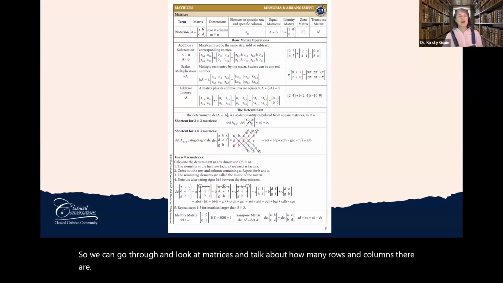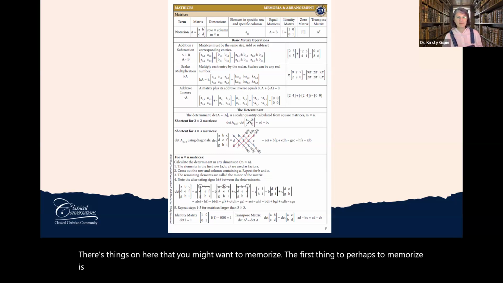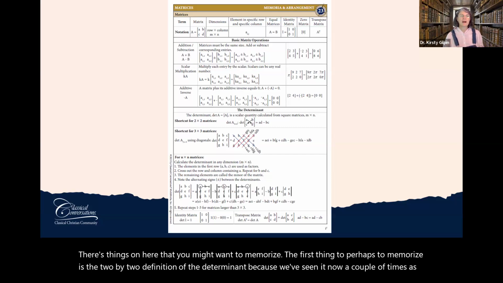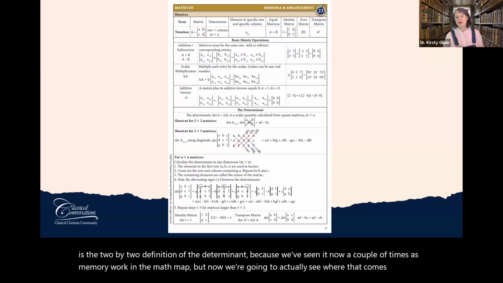There's things on here that you might want to memorize. The first thing to perhaps memorize is the 2x2 definition of the determinant, because we've seen it now a couple of times as memory work in the math map, but now we're going to actually see where that comes from.